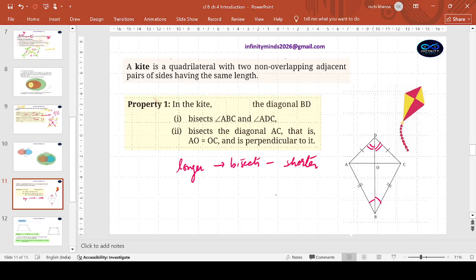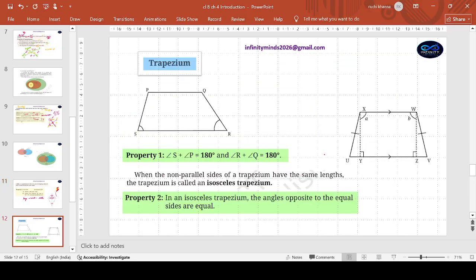The longer diagonal shall bisect the shorter diagonal and will meet it at 90 degrees. That is, OA is equal to OC. OB is not equal to OD. Okay. The longer diagonal shall bisect the shorter one and they would meet at 90 degrees. Clear? We'll go to the next.